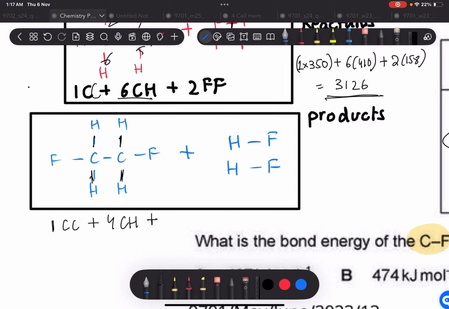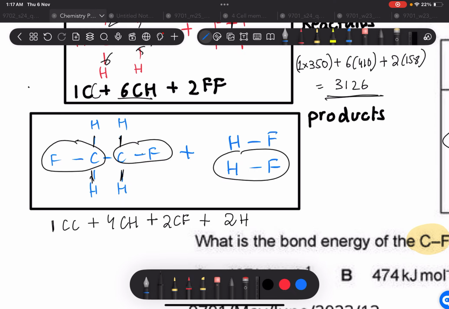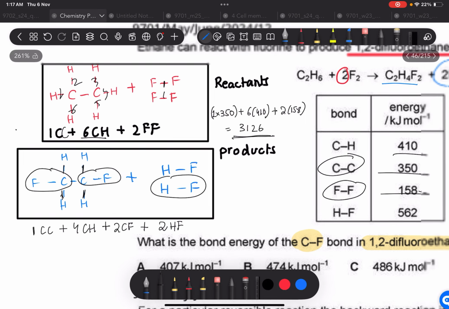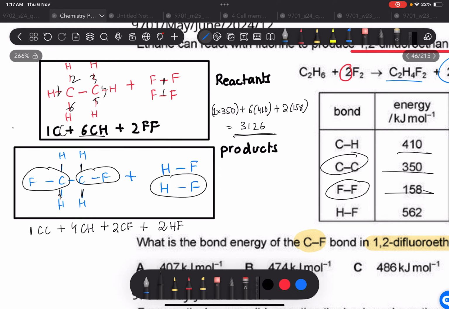Plus I can see 2 CF bonds. Plus I can see 2 HF bonds. Okay? So now I'm going to replace all the CC, CH, CF with proper numerical values.